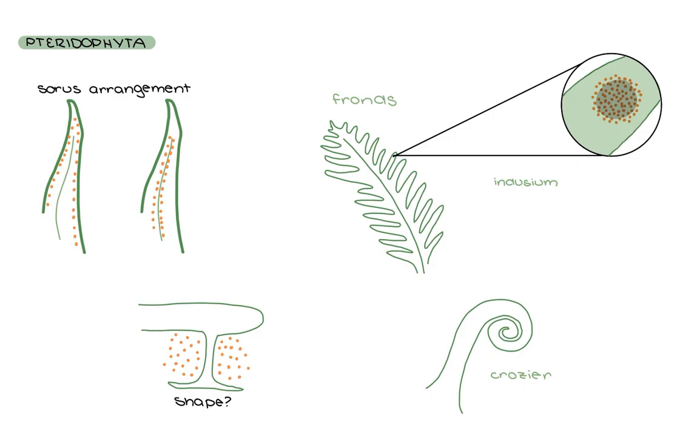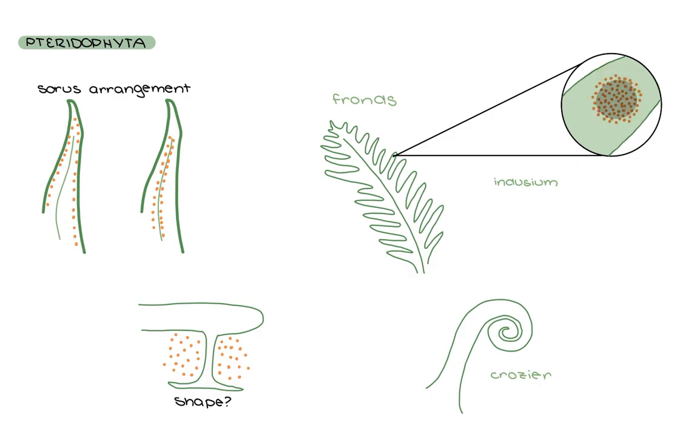So that is how ferns in phylum Pteridophyta reproduce. They're homosporous, which means they have the same type of spore. All ferns have the same type of spore within that fern species. So all of these spores, this spore is the same as this spore, and this spore is the same as this spore.